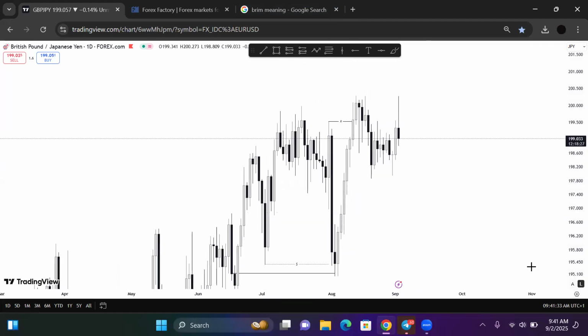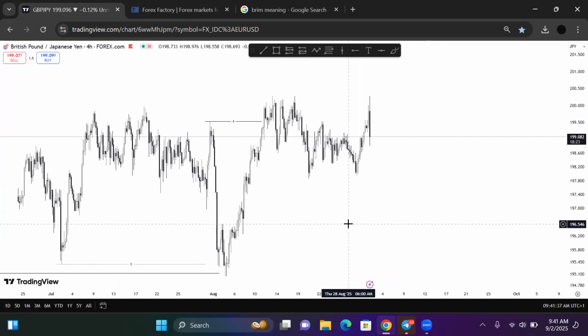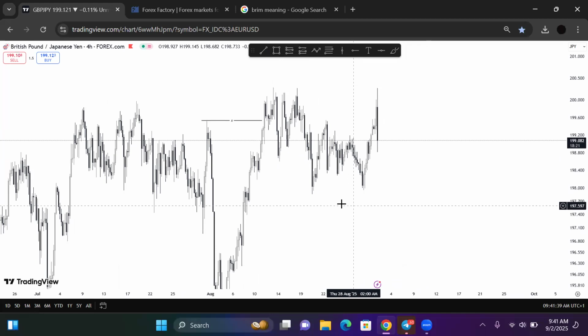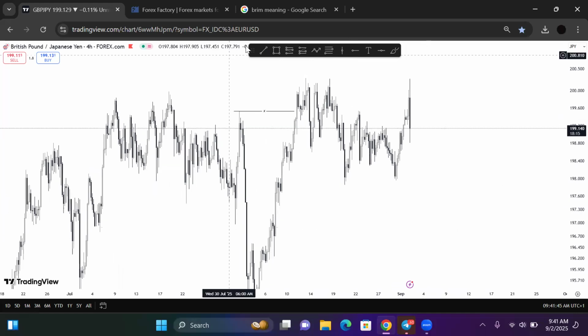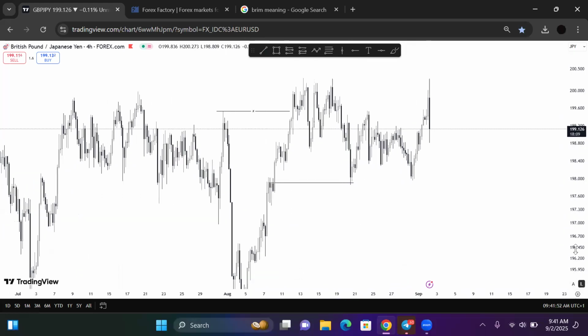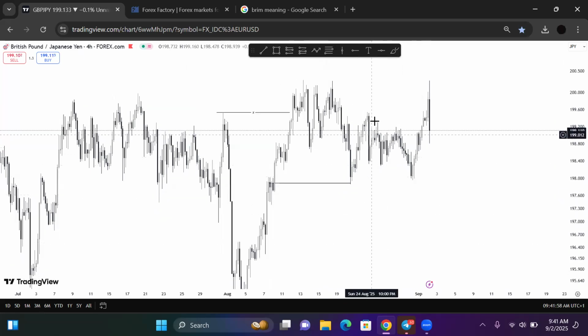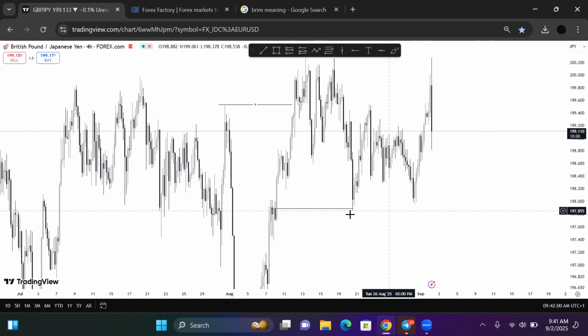All right. So let's go to our 4-hourly time frame. On our 4-hourly time frame, the market tapped on this support level right here. And then you can see that this support level sent price flying. After tapping on this support level, it has been buying.